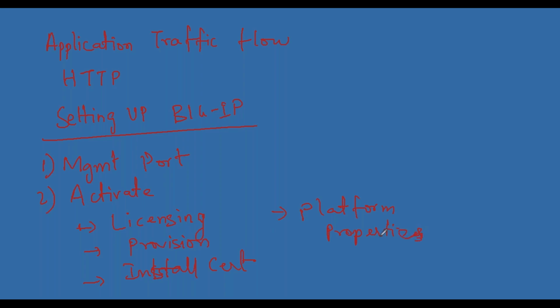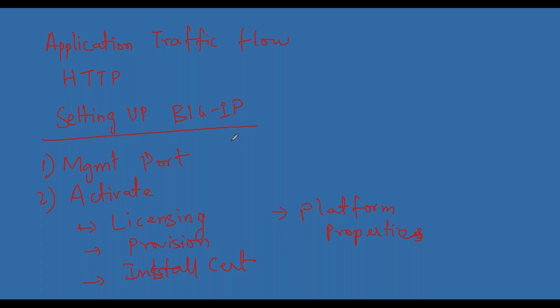When I say platform properties, it means things like device host name, the IP address, SSH, setting up the passwords for the root and admin account.